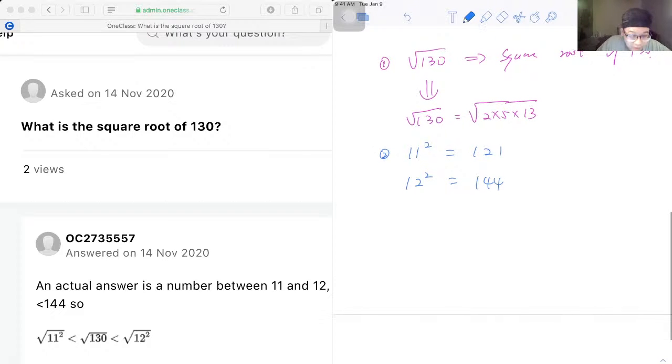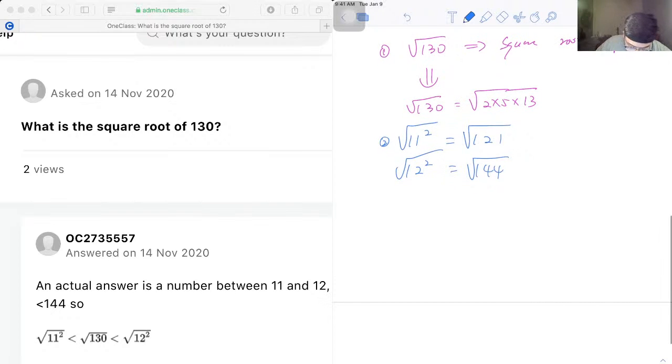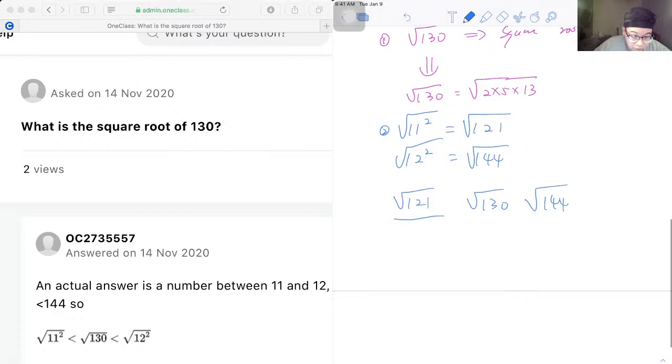If we apply a square root on both, we will have root 121 on the left hand side and root 144 on the right hand side. So root 130 will be somewhere in between.